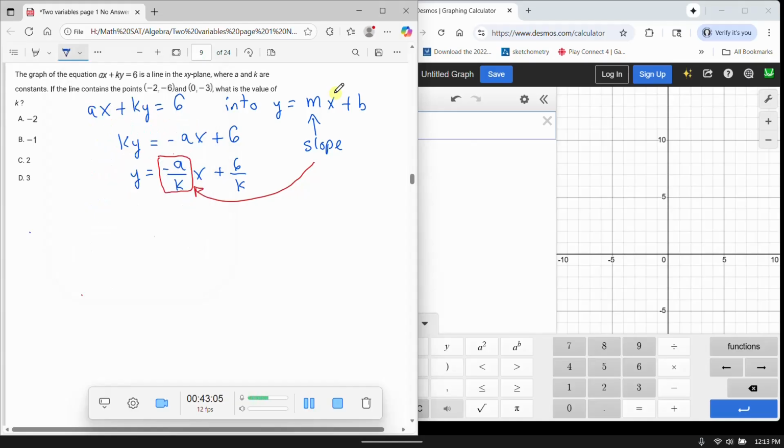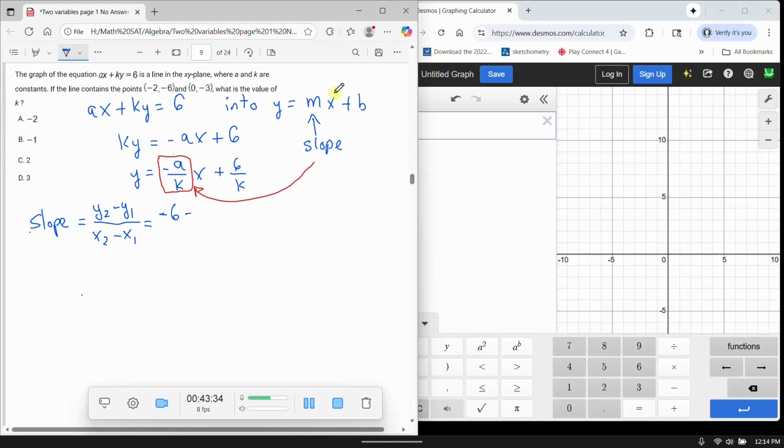So now let's find the slope from two given points. So we use y2 minus y1 over x2 minus x1. You can name x1, y1, x2, y2 by using any of these two. So I'm going to plug the numbers in, negative 6.